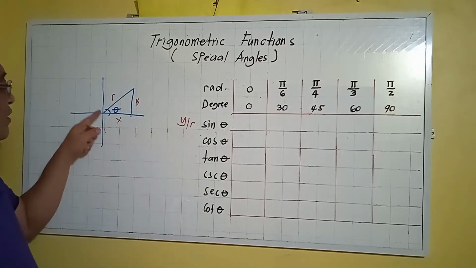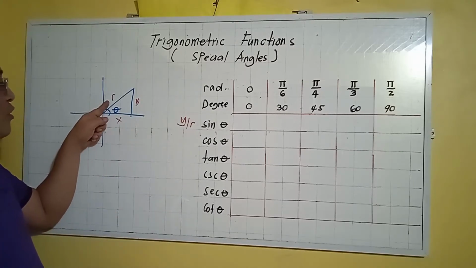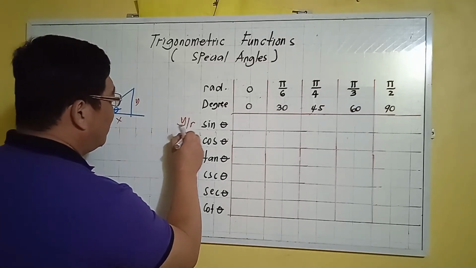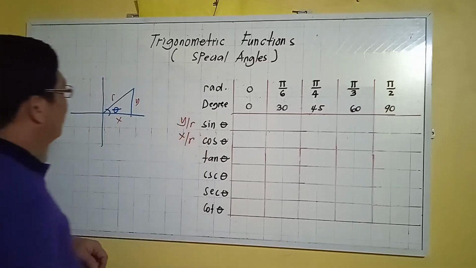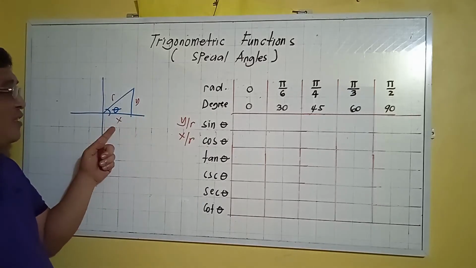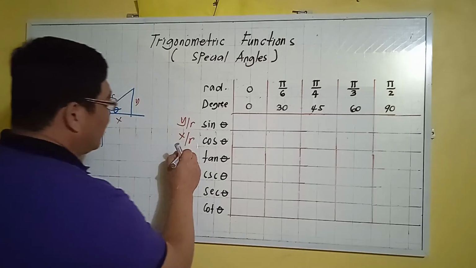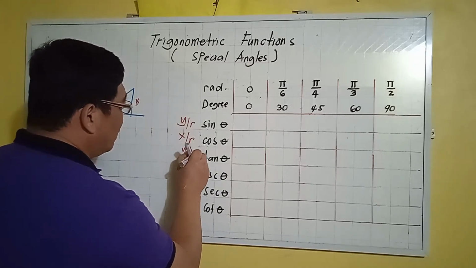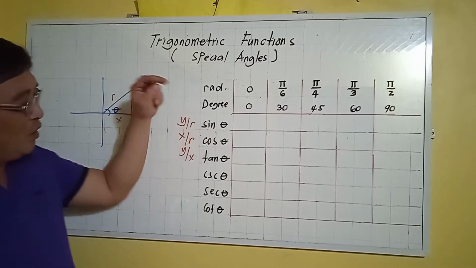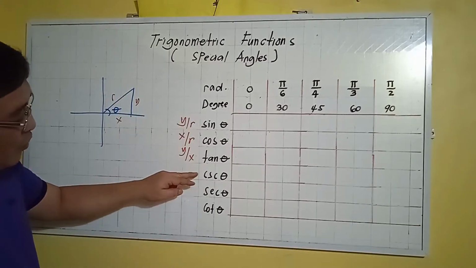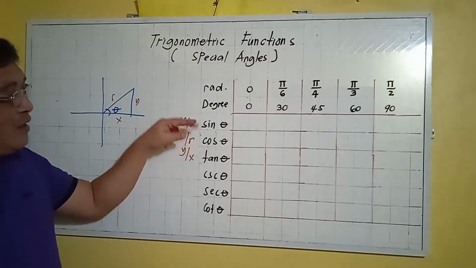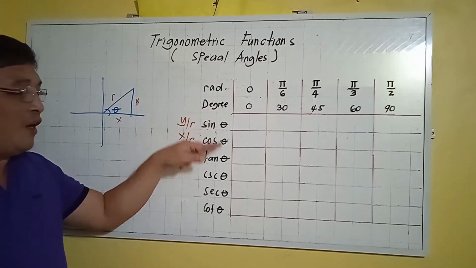Cosine, adjacent over hypotenuse, x over r. Tangent, opposite over adjacent, y over x. Pagkatapos, yung natitira na itong trigonometric functions, cosecant, secant, cotangent, are reciprocal of these three trig functions.